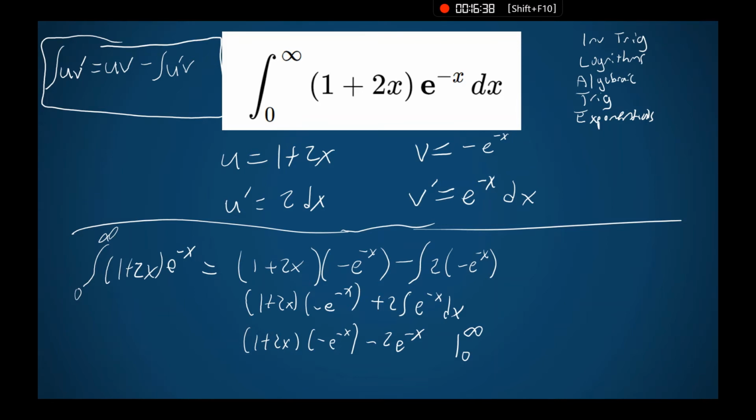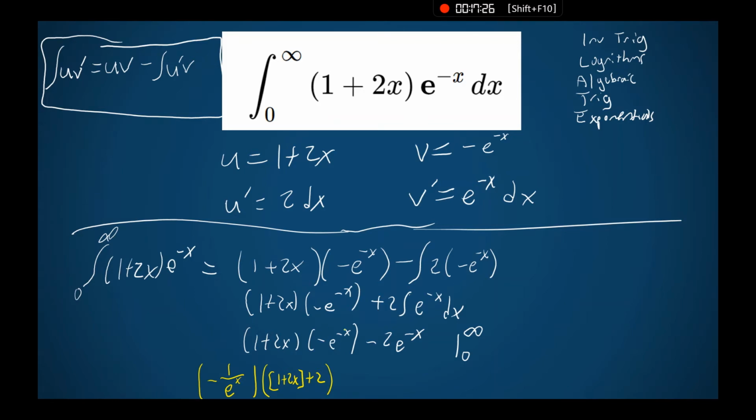Okay, so I'm going to plug in my upper bound and subtract my lower bound. So if I factor this out, this will be negative 1 over e to the x times 1 plus 2x plus 2.